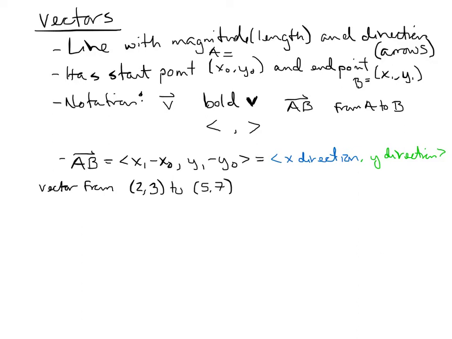In terms of my notation here, that's x1 minus x naught. So that's end minus start. So we take the end x, which is 5, minus the start x, which is 2, which gives us 3. And then the end y, which is 7, minus the start y of 3, which would give us 4.